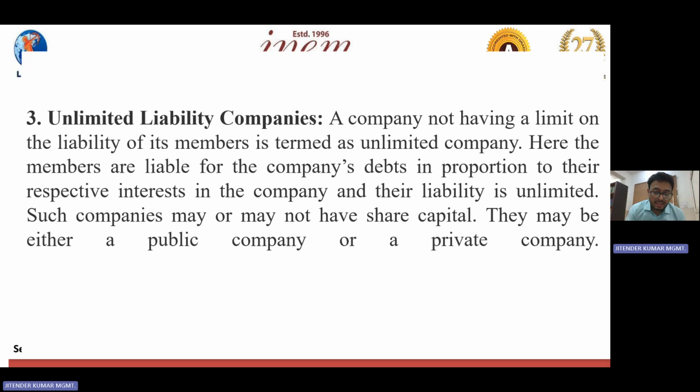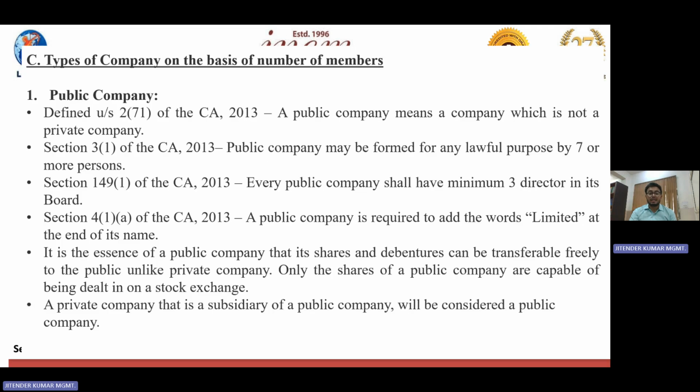If we talk about unlimited liability, it is a company not having a limit on the liability of its members. Here the members are liable for the company's debt in proportion to their respective interest. So these are unlimited companies.